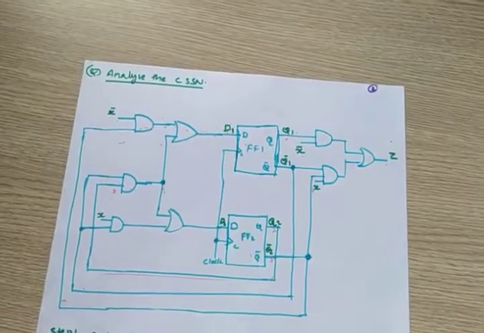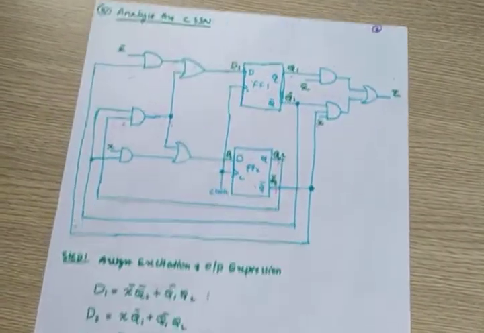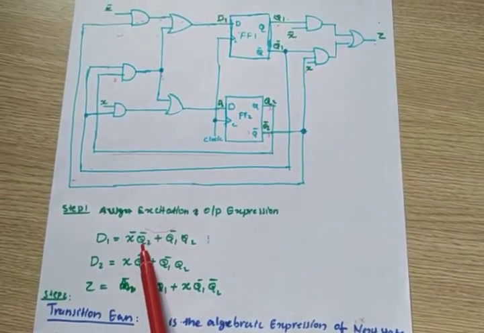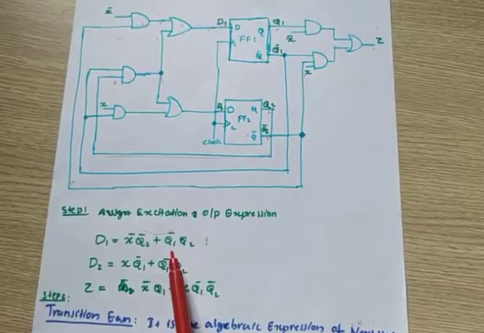So we can write D1 equal to X bar Q2 bar plus Q1 bar Q2.